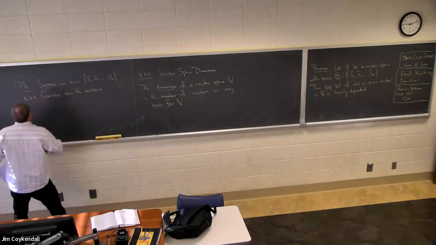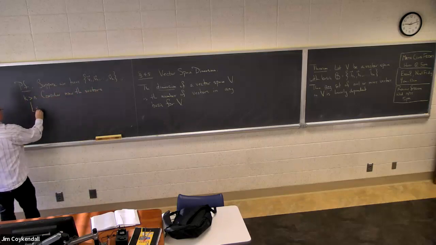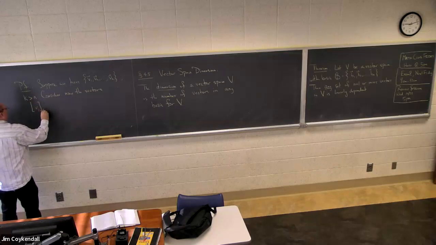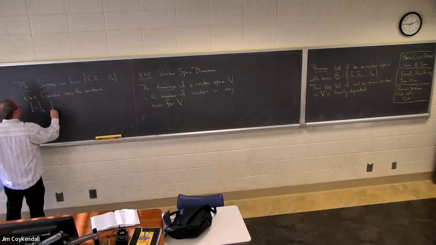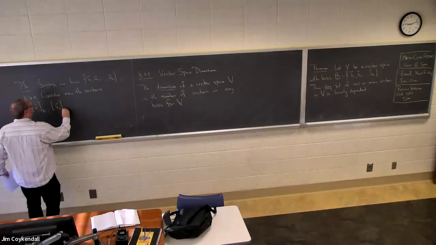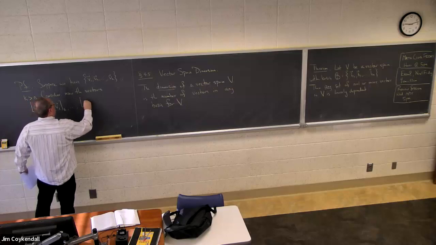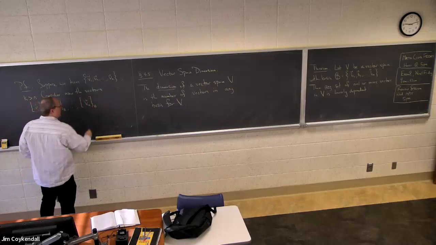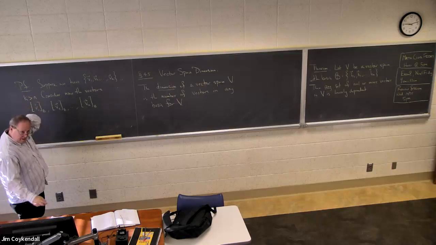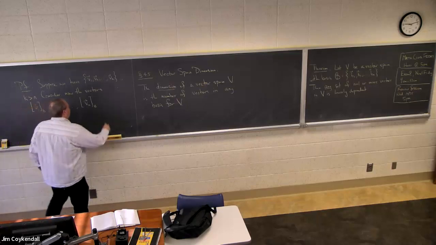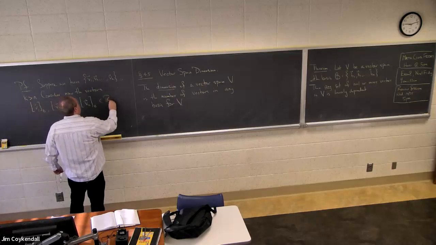Consider now the vectors [V1]_B, [V2]_B, up to [Vk]_B. These are vectors in Rn.